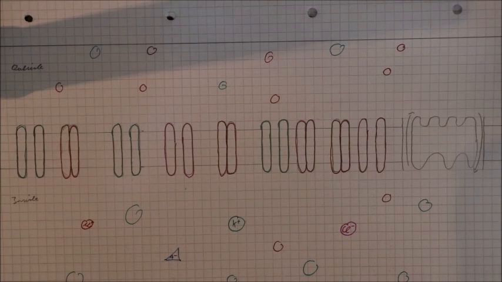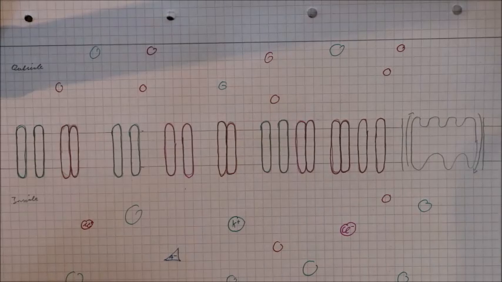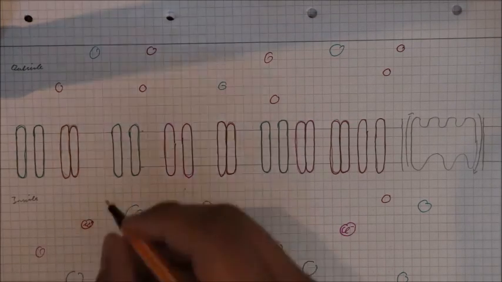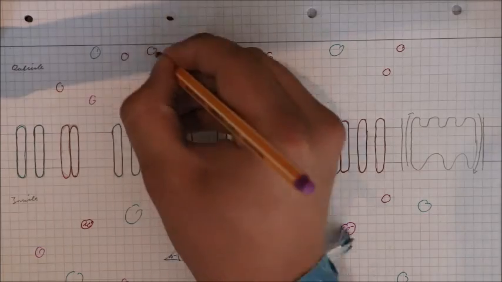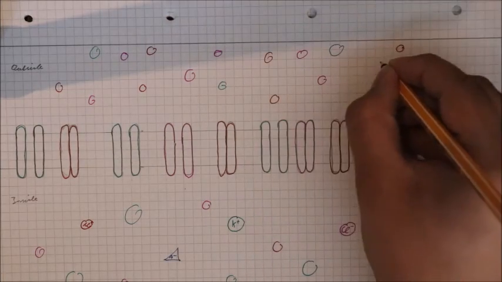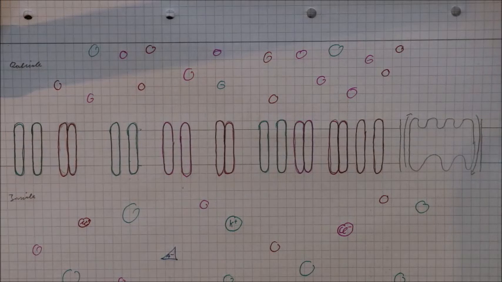And the chloride ions, we have less on the inside than we have on the outside. And so again, we have a concentration gradient from the outside to the inside, like the sodium ions.